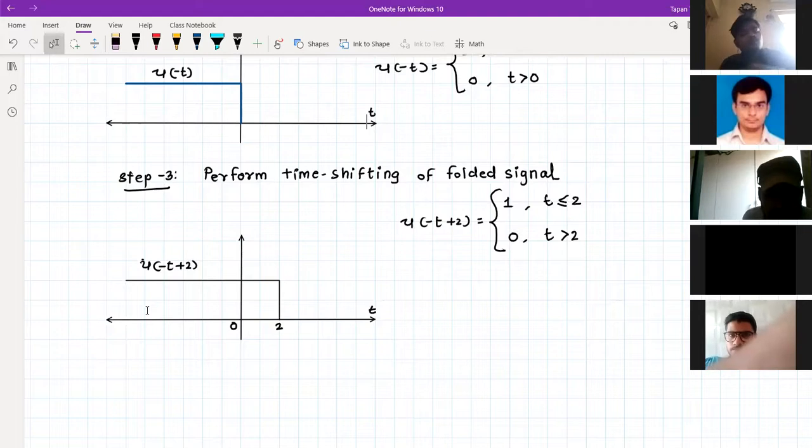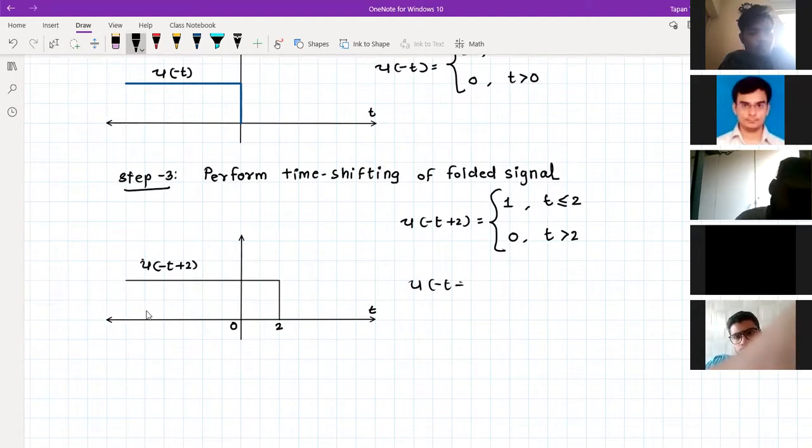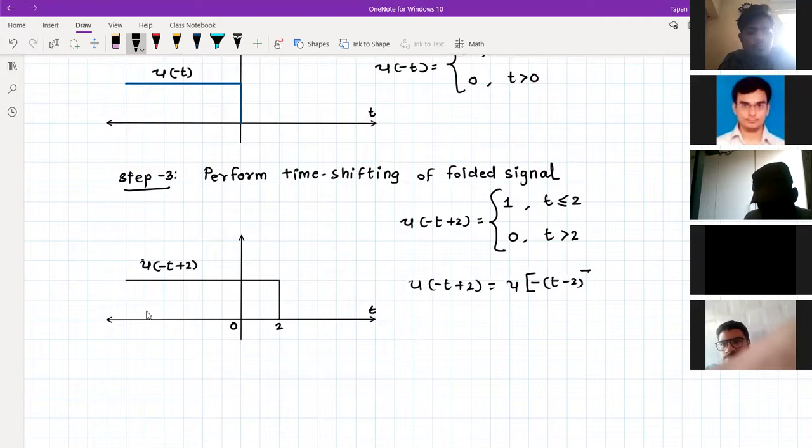Right? Now try to understand that u of minus t plus 2 is nothing but u of minus of t minus 2. Get it? Understand? So here this minus 2, what does it mean?